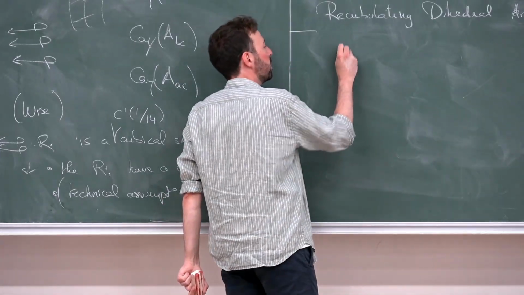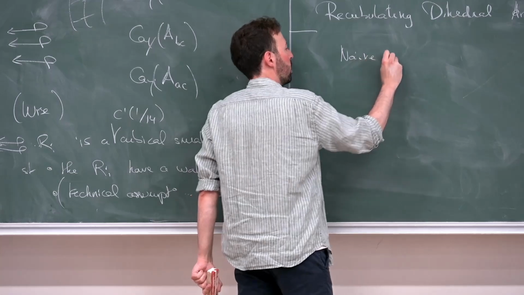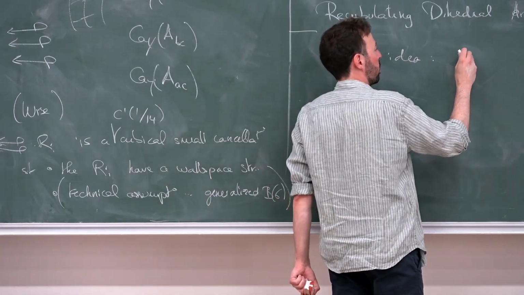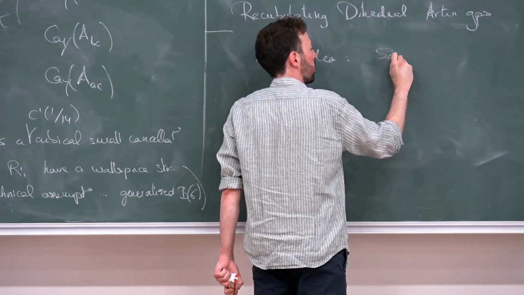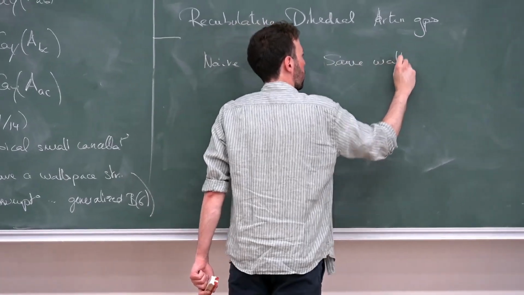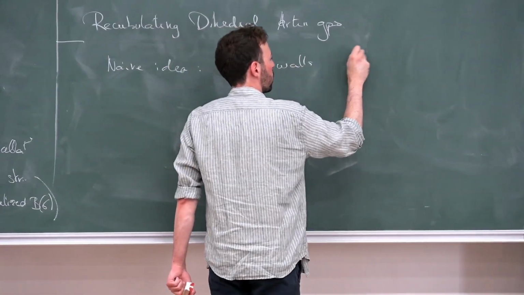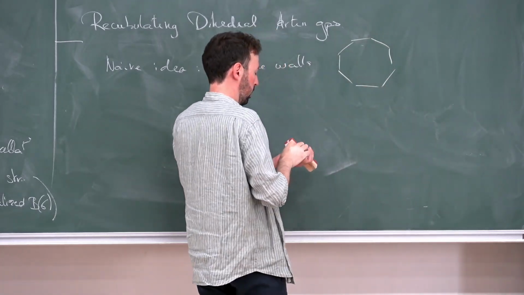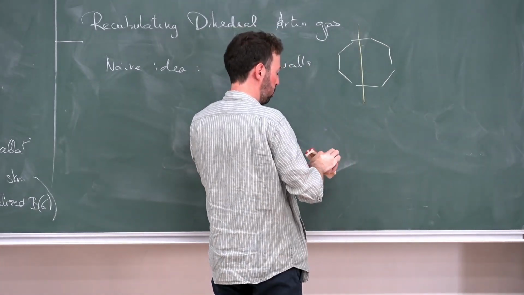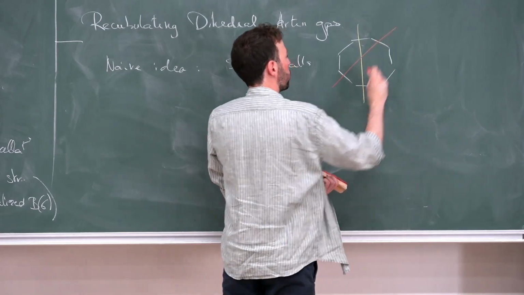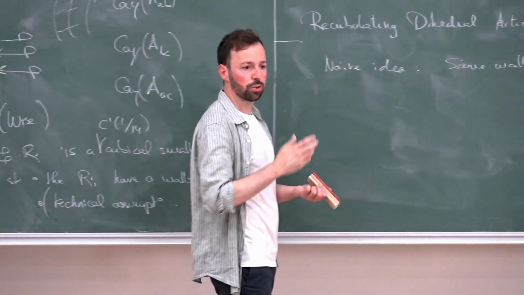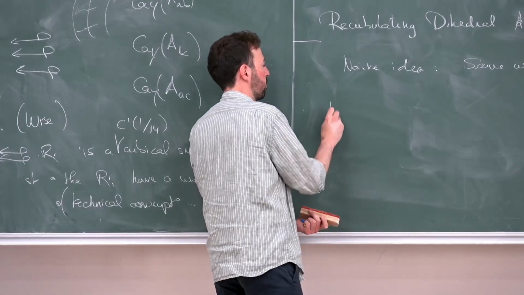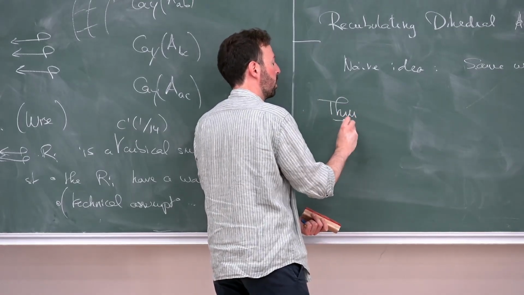So the naive idea first is, again, try to use the same walls. Try to start from your cell and construct these walls by going to the opposite edge, and try to extend and hope for the best. And actually it works, or partly.